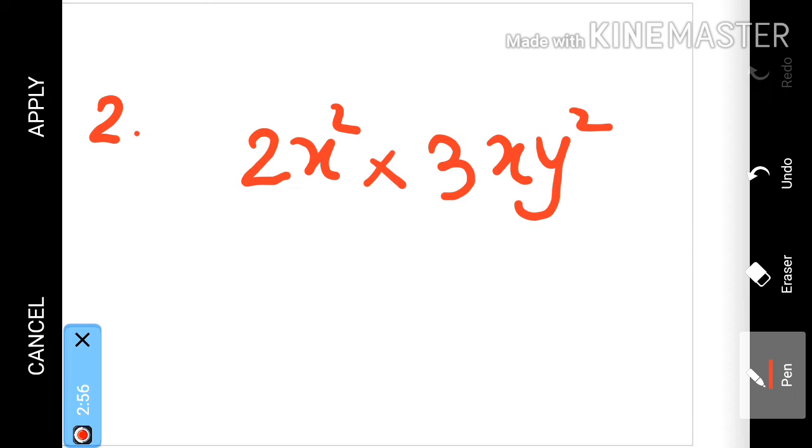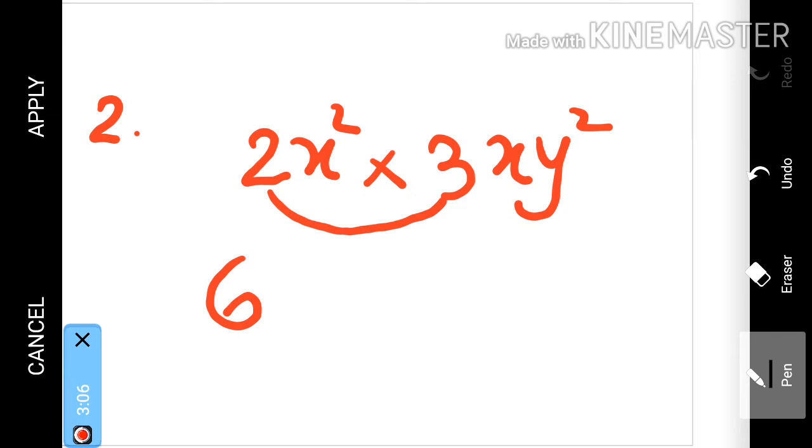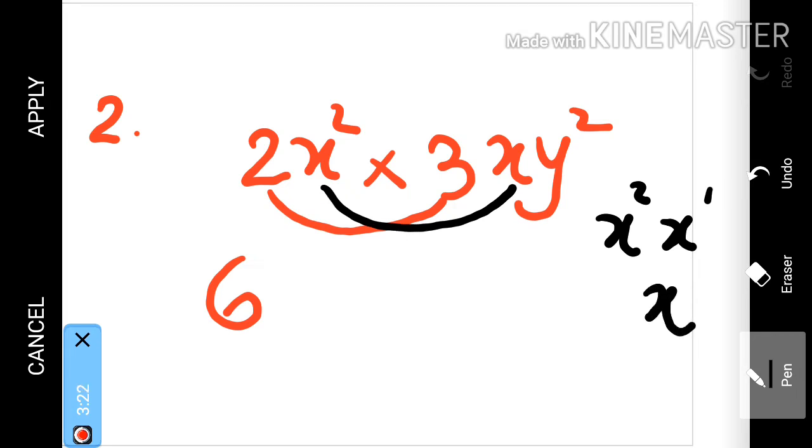Here we are going to multiply coefficient with coefficient. 2 3s are 6. We will see with x into x square. There is no index for x, that means it has 1 as an index. So x square into x raised to 1 gives you x raised to 3. We add the index. So it becomes 6x cubed.